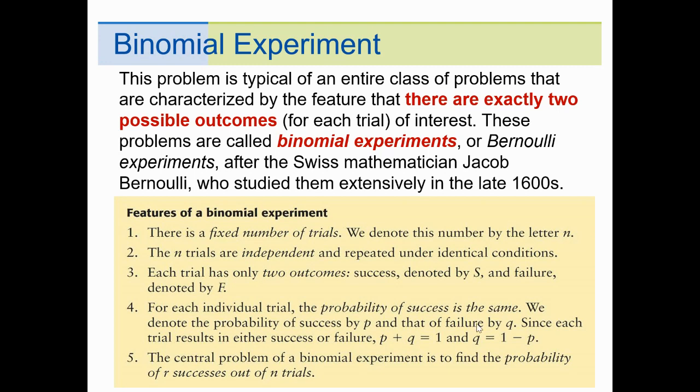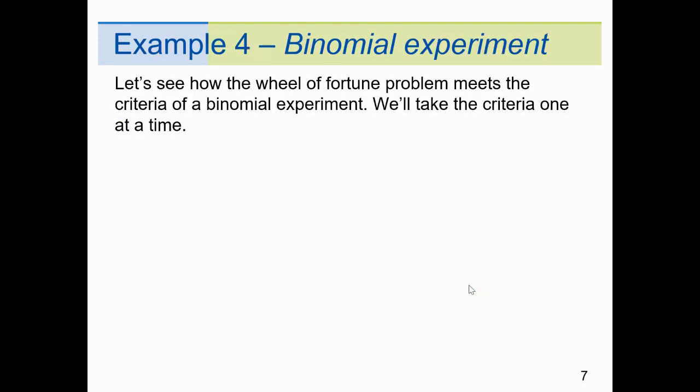But here's the deal. In using the formula, you would have to calculate q. When we do this with the calculator, it's not concerned with q. It just wants to know p. The central problem of a binomial experiment is to find the probability of r successes out of n trials.